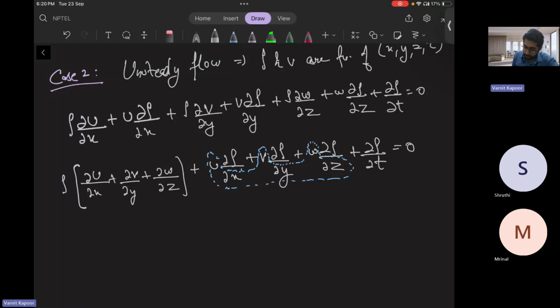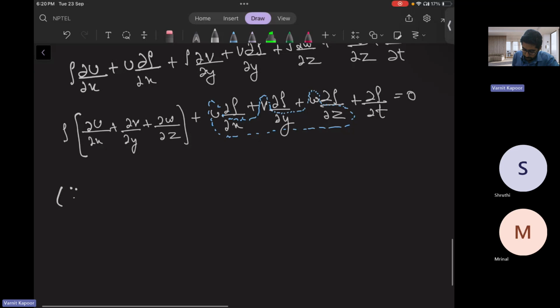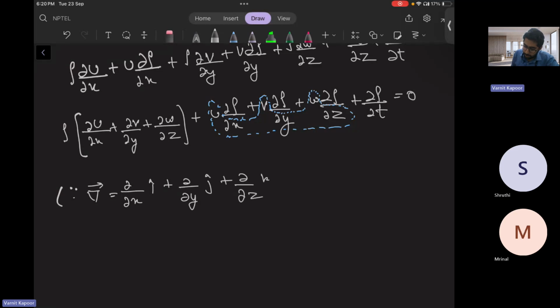What is the grad operator? Since the grad operator is a vector quantity, it is dou by dou x i cap, dou by dou y j cap, dou by dou z k cap. And what is the velocity vector? That is u i cap plus v j cap plus w k cap.